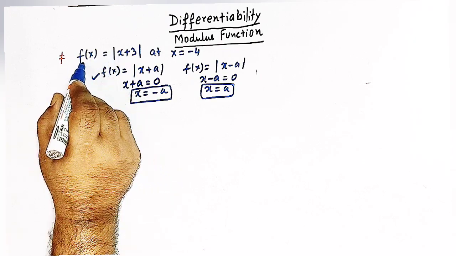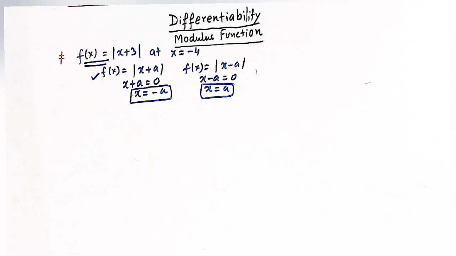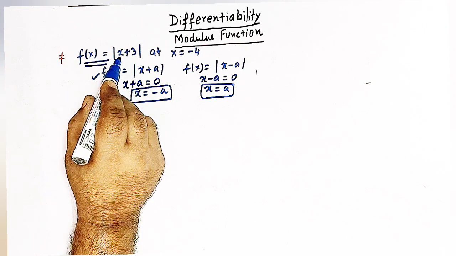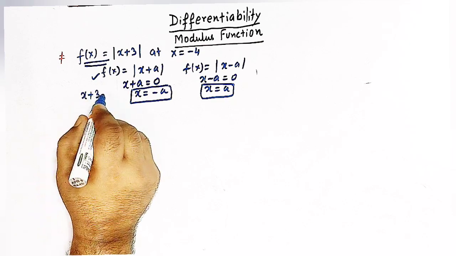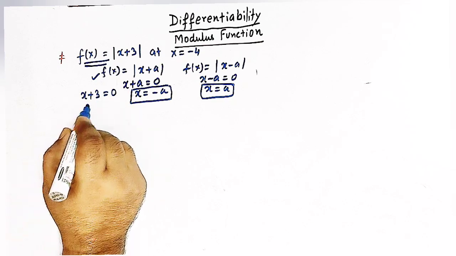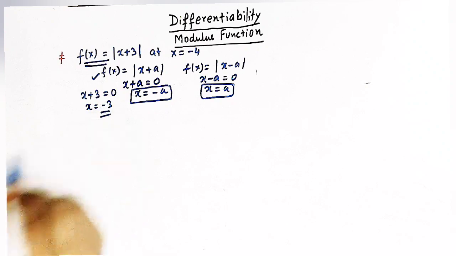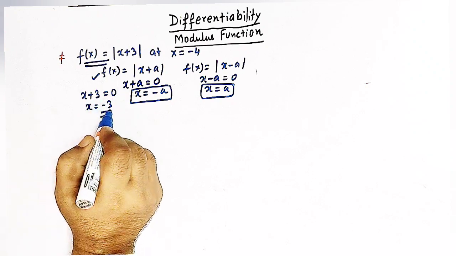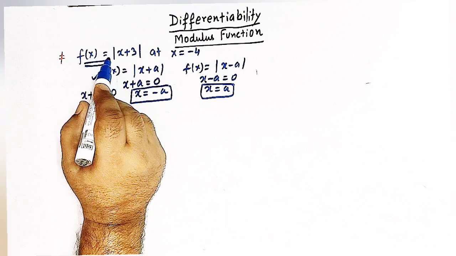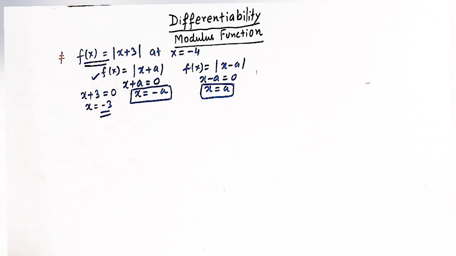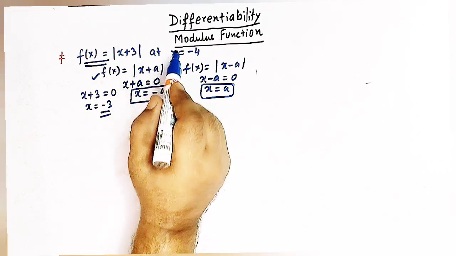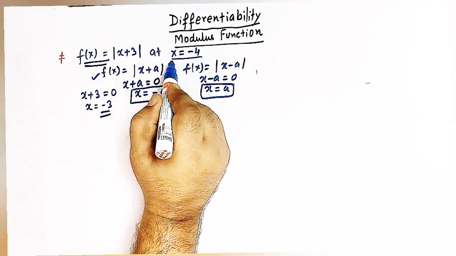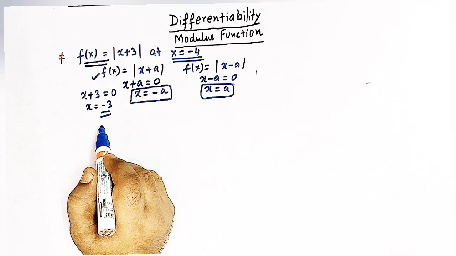This function is continuous for all real numbers, but it is not differentiable at x plus 3 is equal to 0, that is x is equal to minus 3. This is the only point where f of x is not differentiable, and it is differentiable at other points. Here we are taking the point x is equal to minus 4.